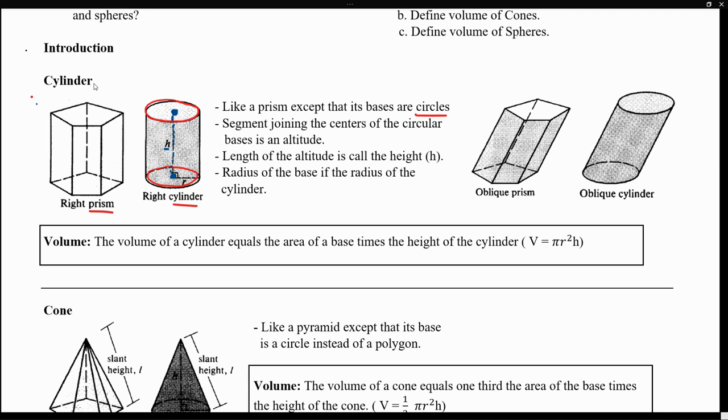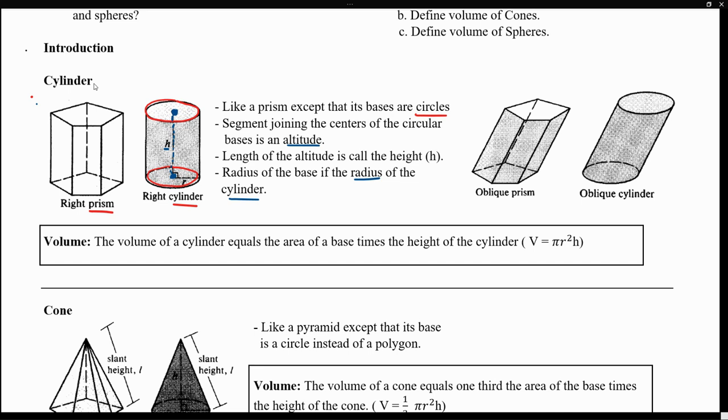That's how we find the height, or the altitude, of this cylinder. And again, the length of the altitude is what we refer to as the height. Since the bases are circles, the radius of the bases is the radius of the cylinder. So a cylinder is a very specific prism.